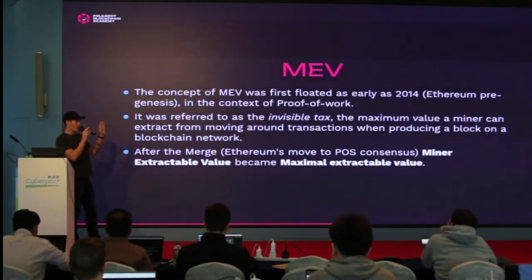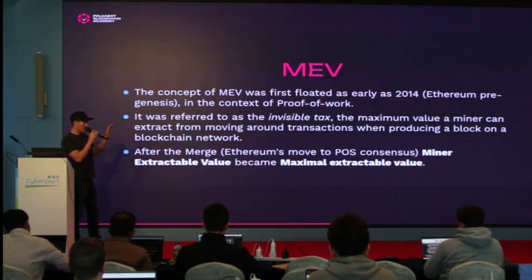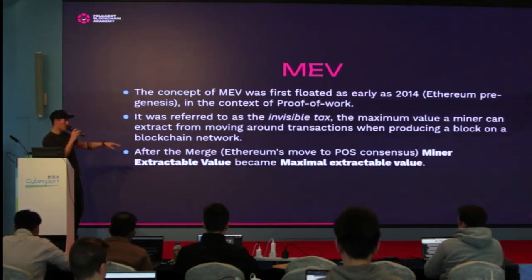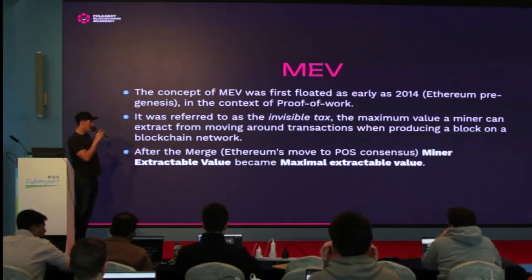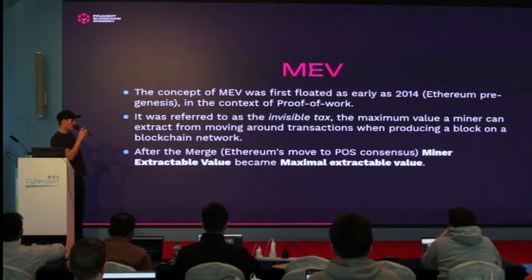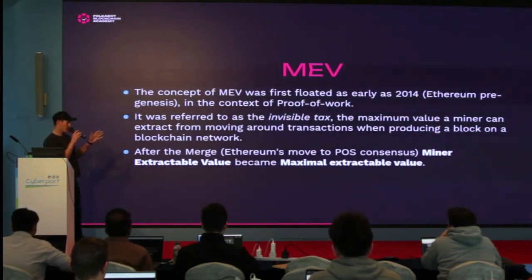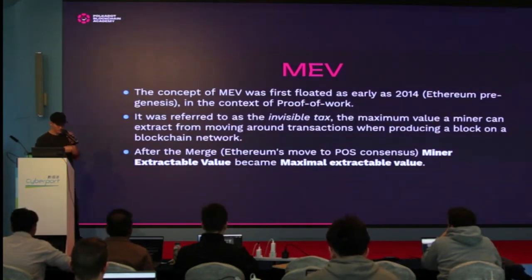And within that block, ordering the transactions, censoring some transactions, maybe even swapping things around, like replacing addresses on profitable transactions. And after the merge, after the move to POS, and I guess it makes sense also on other POS chains, it's not just miners now that hold this power. Depending on the setup, this can be other entities that are block producers, so we'll see examples of architectures like that. It has been rebranded to maximal extractable value.